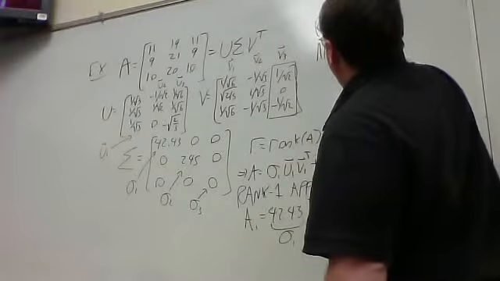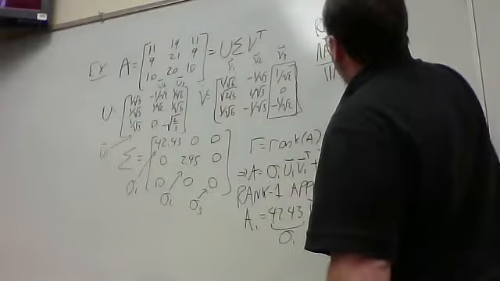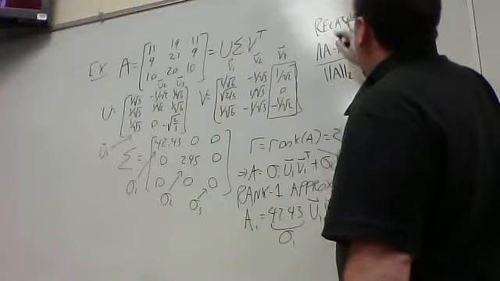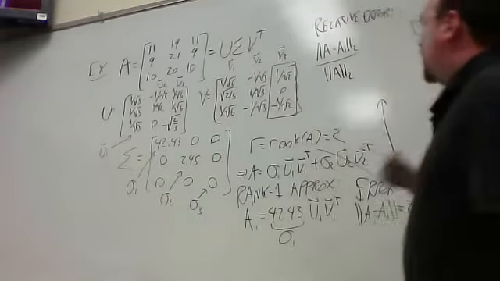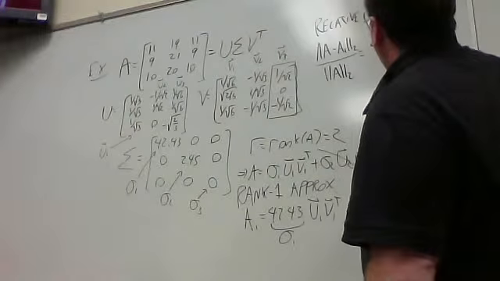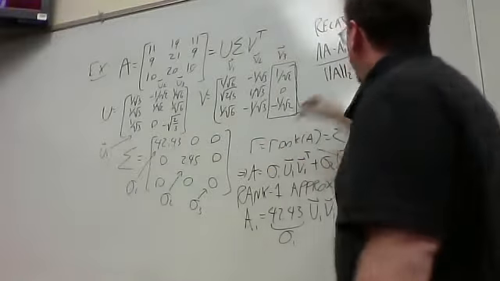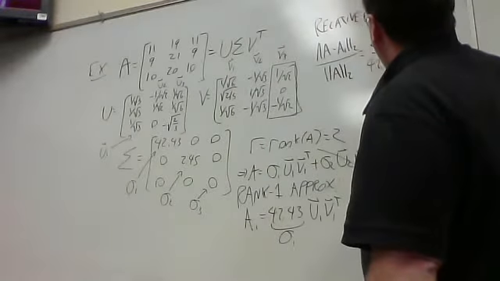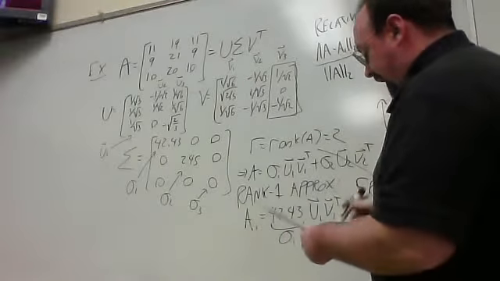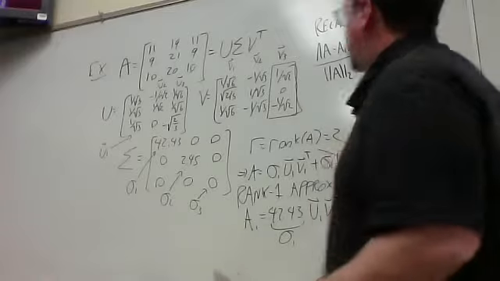So that would be the 2 norm of A minus A1 divided by the 2 norm of A. So exact minus approximation divided by exact. We have 2.45 on top, and the 2 norm of A is the largest singular value, so this is 42.43, and we get roughly 6%.